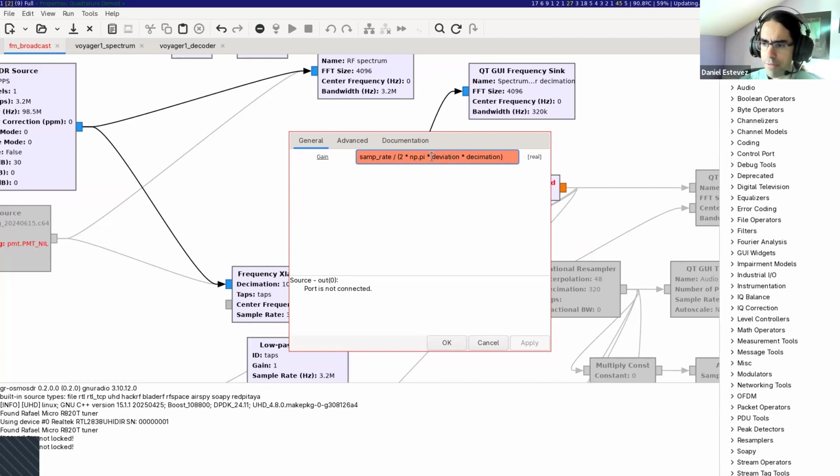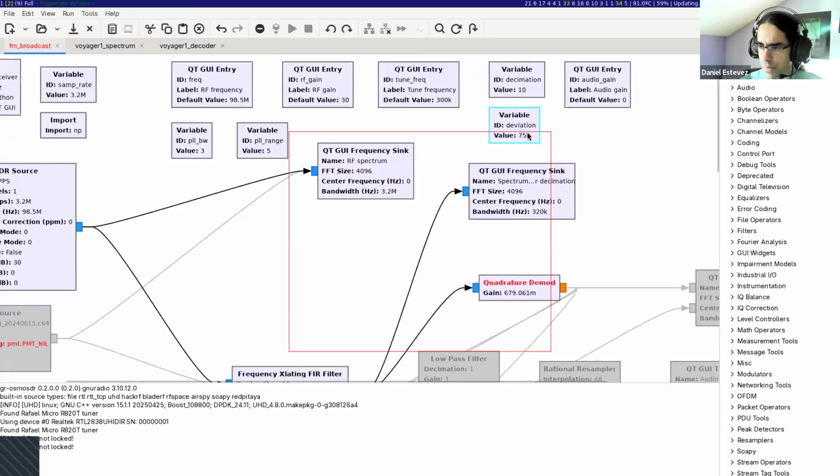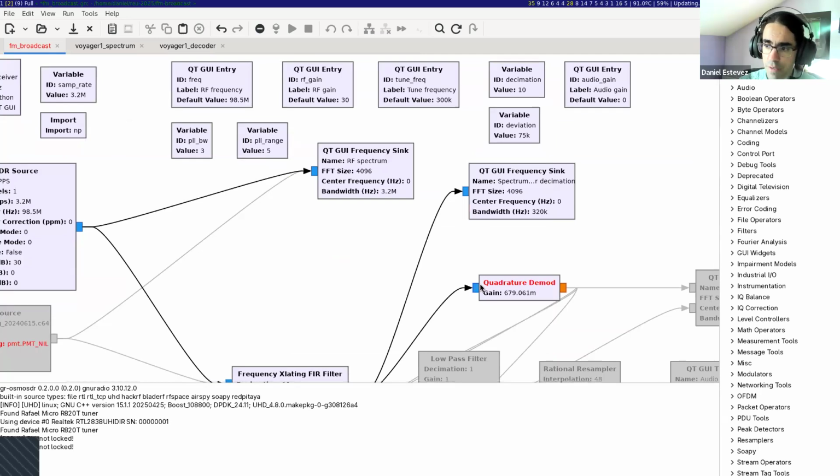When you have a frequency modulated signal, there is something known as deviation, which in the case of FM is 75 kilohertz. That's how much we shift the signal when the input has its maximum value. When the audio is positive, the signal is shifted to a higher frequency, and when the audio is at its maximum positive value, the frequency is shifted plus 75 kilohertz.